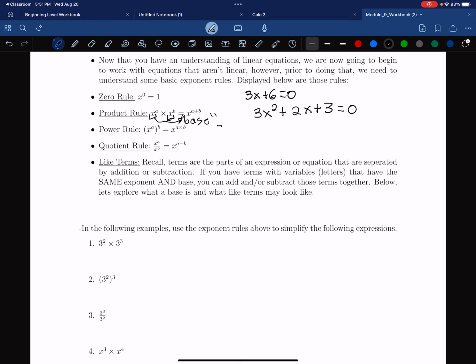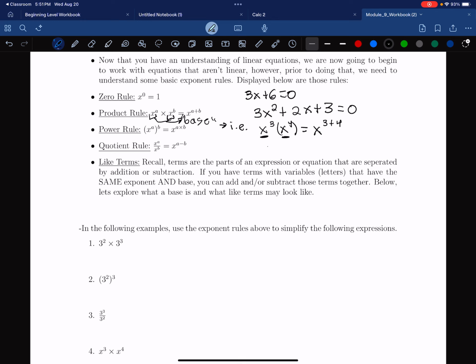So let's say we were to have x to the 3rd power times x to the 4th power, we can combine those exponents together because they have the same base, because these both are an x.